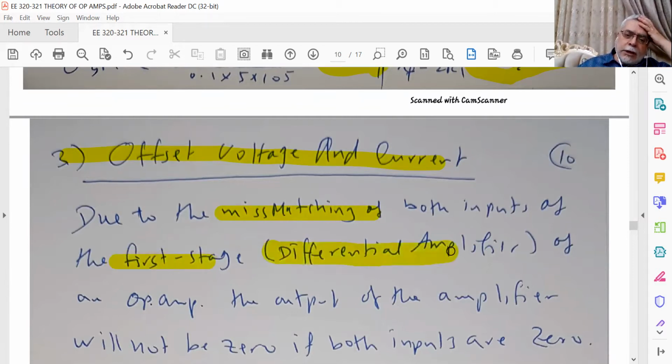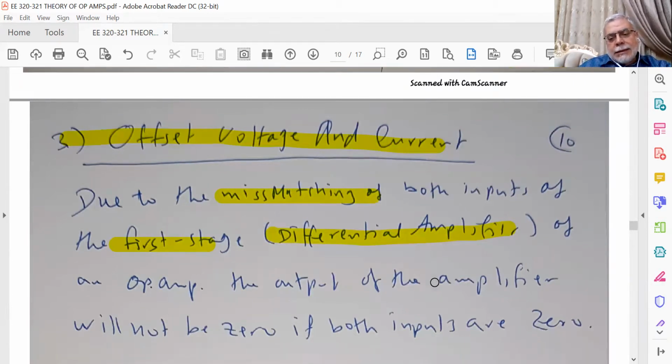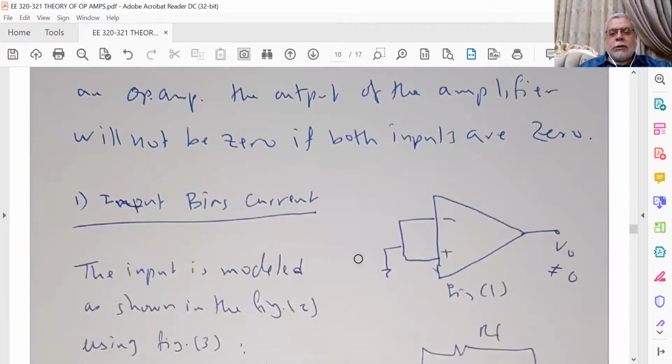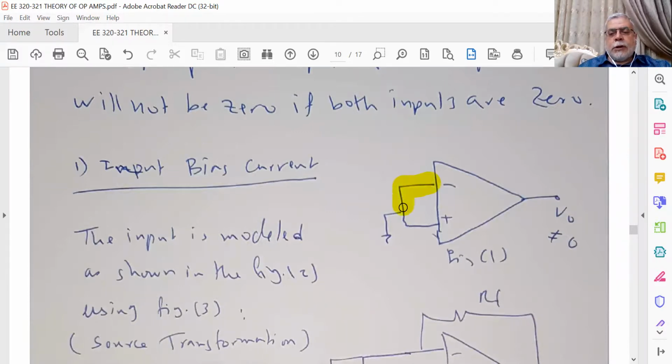The first stage is a differential amplifier. If both transistors are not exactly identical, a small value of current and voltage, IB and VBE, will be present at the input, and this current and voltage will be amplified hundreds of times to produce a non-zero output. So if the inputs are equal to 0, the output is not equal to 0.